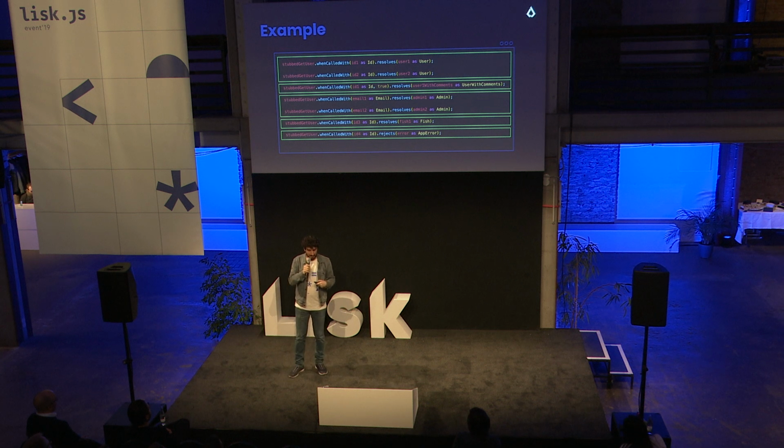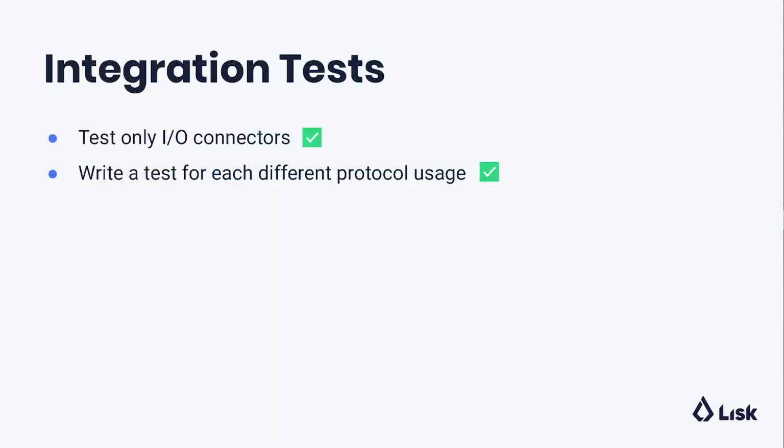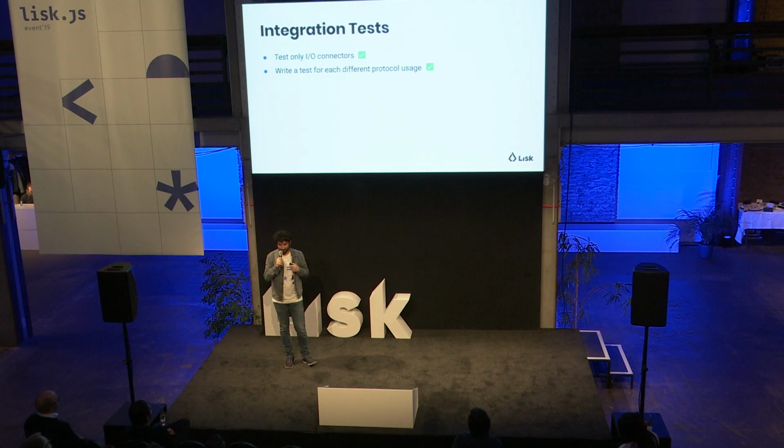Together, unit tests and these I/O connector tests, integration tests, are like pieces of Lego, they complete each other, and this way we can make sure we don't release any unintended breaking changes. Some takeaways for you: test only your I/O connectors and write a test for each different protocol usage.